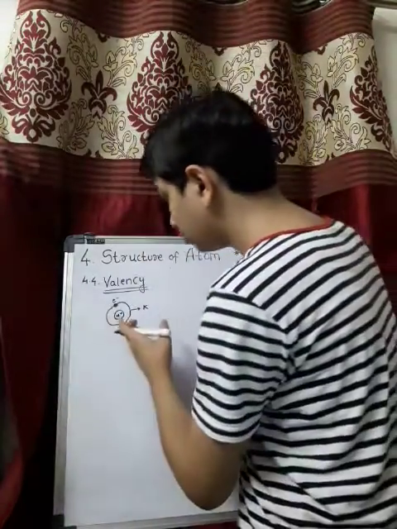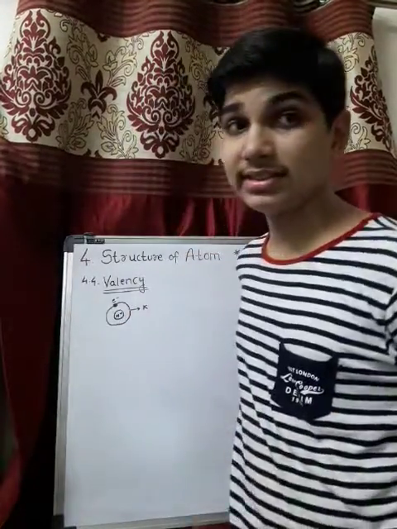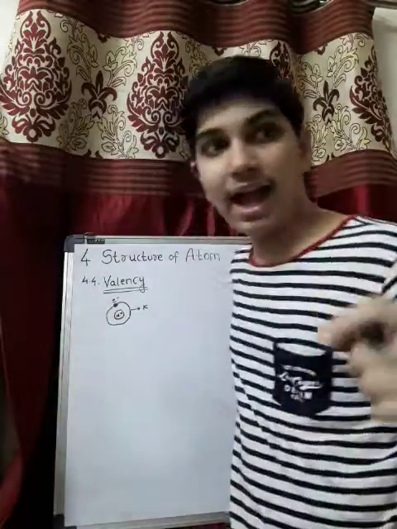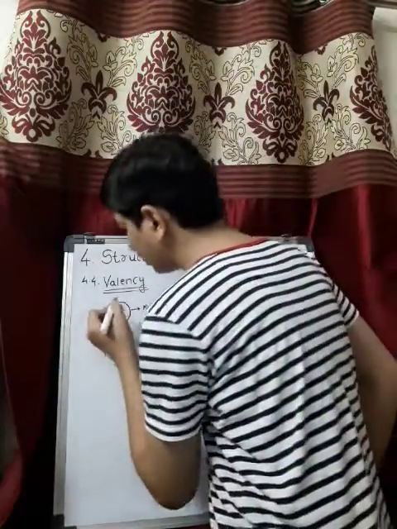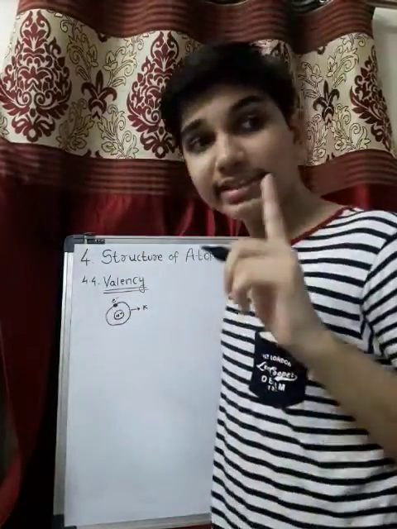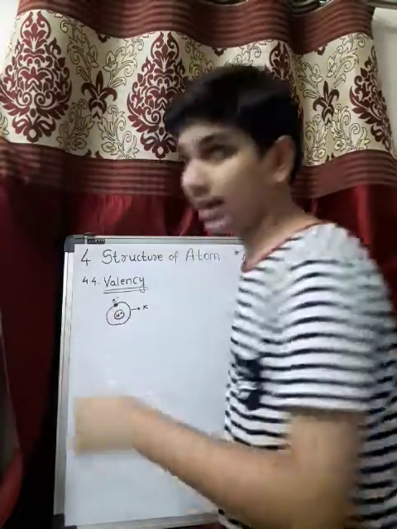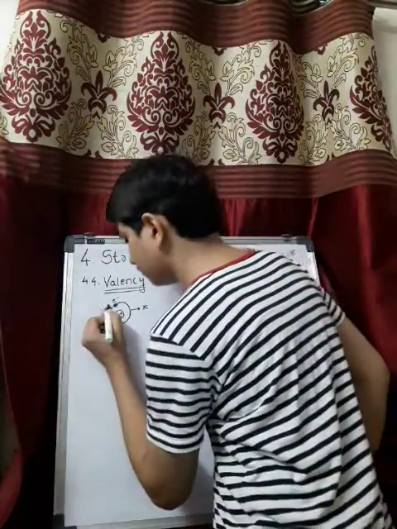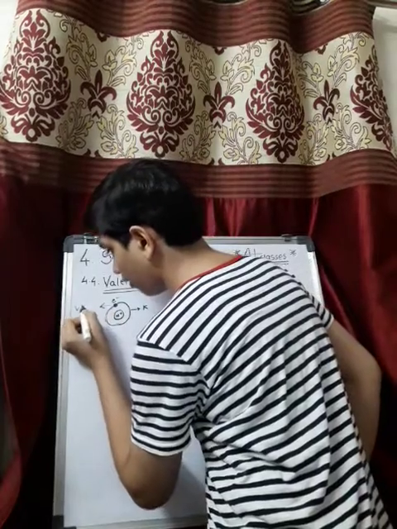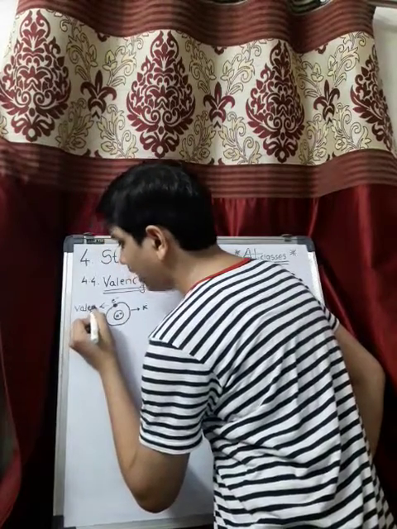So the outermost shell of hydrogen is the K shell, which has one electron, and that is why this one electron is also known as the valence electron.